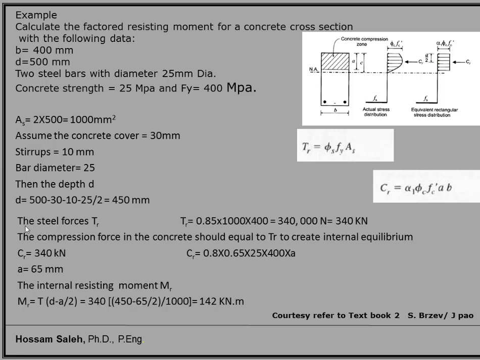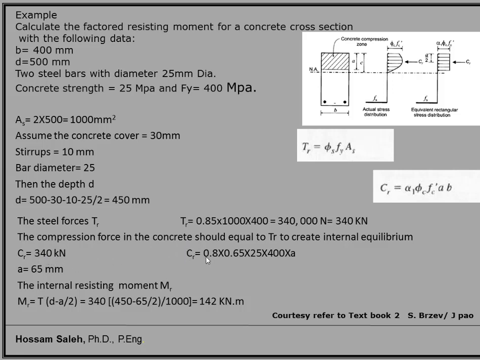Now calculating the steel force, Tr equals 0.85, that's phi s, times 1000, that's the steel area, times 400, that's the Fy. That brings us to 340 kilonewton. Based on our assumptions, Cr will equal Tr, which will be 340 kilonewton.